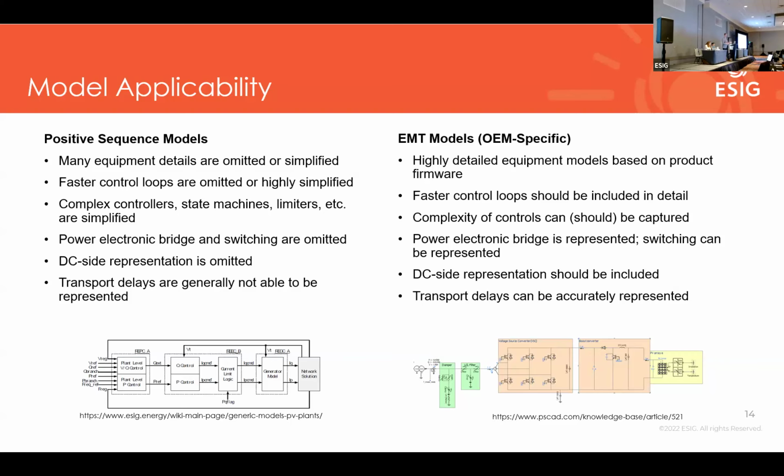DC side protections are also something that's coming up more, to the extent that the DC side impacts the product's performance. That should be in there. And again, some of the details on the transport delays can be accurately represented. So it's a much more capable tool set.